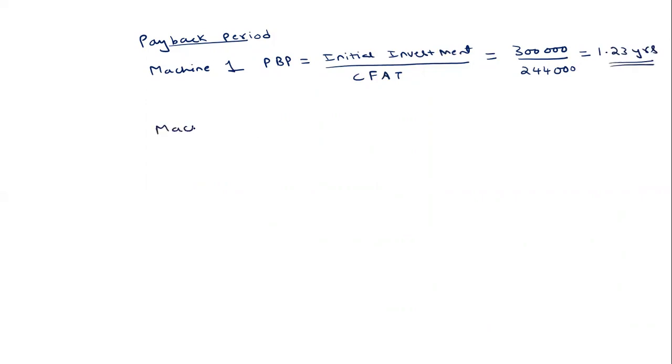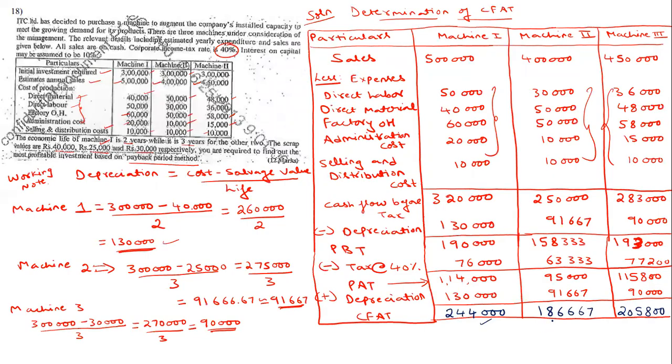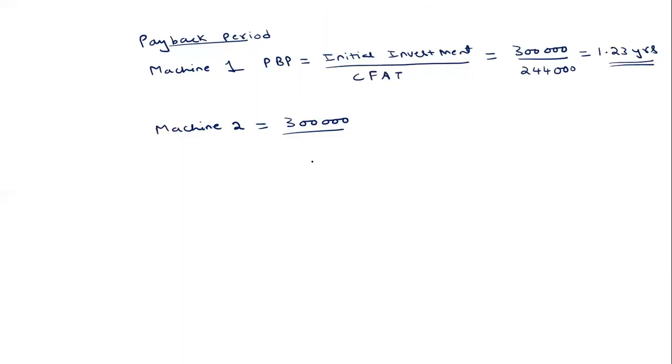In the same way, when we proceed with machine 2, the same 3 lakhs as the initial investment. And the cash flow after tax, if you see, you have 1,86,667, and then you arrive at 1.61 years.